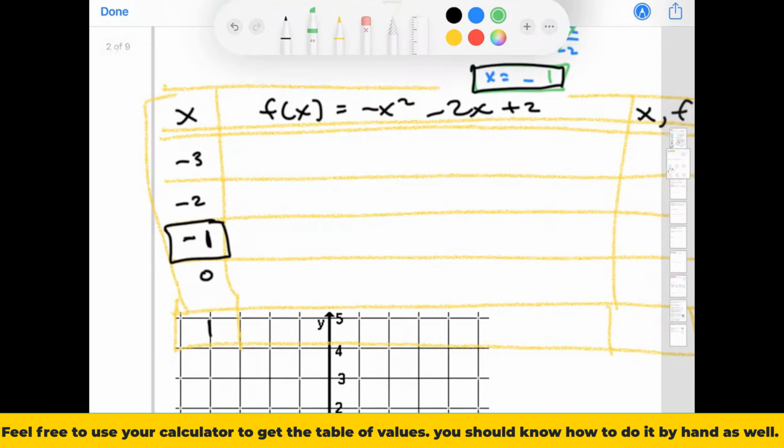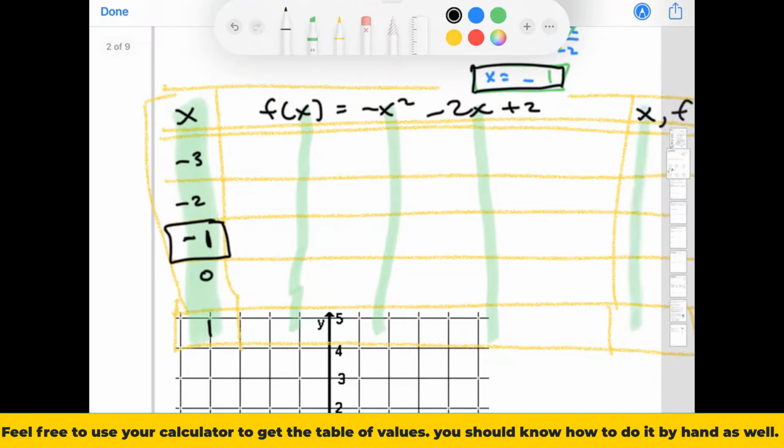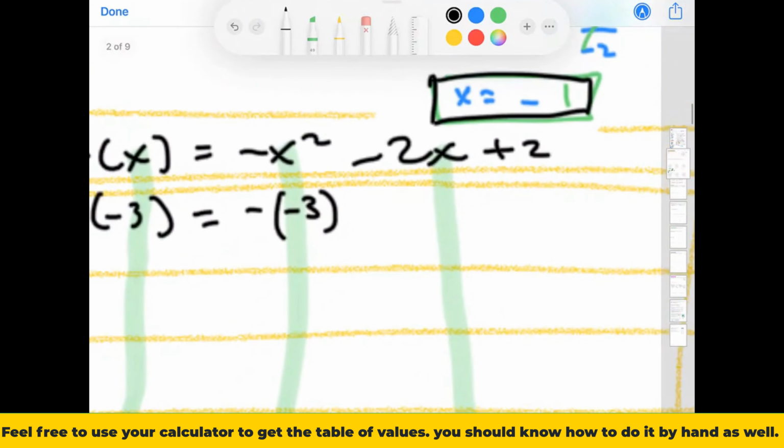And remember, all of these numbers are going to go here, here, here, and here. So let's do the first problem. We're going to put in x equals negative 3. So every x value is negative 3. Do you notice how I put that negative sign on the outside there?